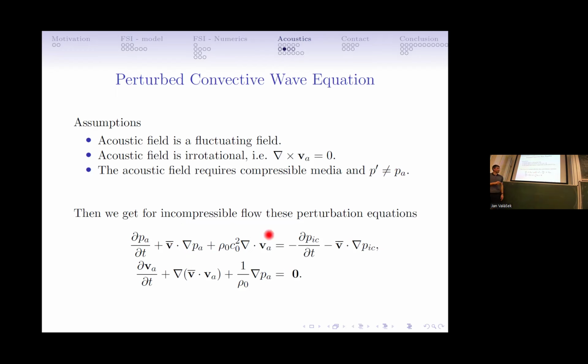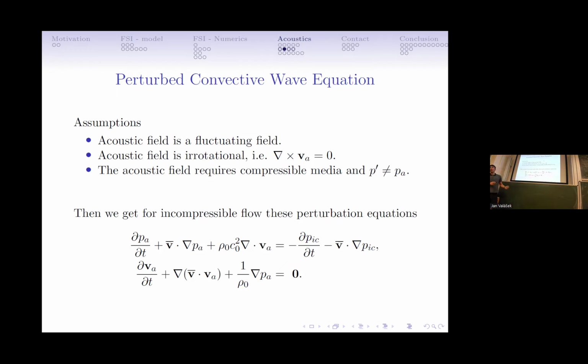We end up with such a set of perturbation equations, where the unknowns are the acoustic pressure and the acoustic velocity. We assume that we also know the mean velocity, and that on the right hand side there are sound sources in the form of the time derivative of the incompressible pressure fluctuation and the convective part of it. Okay.